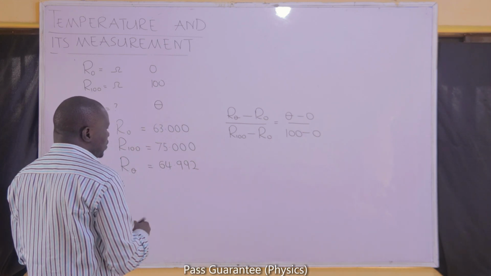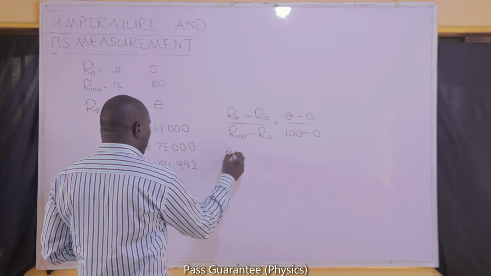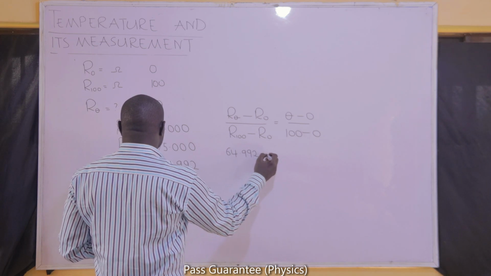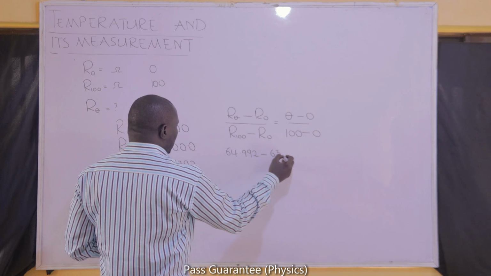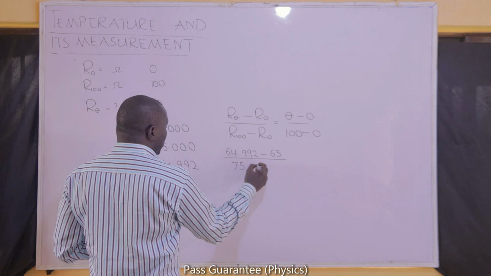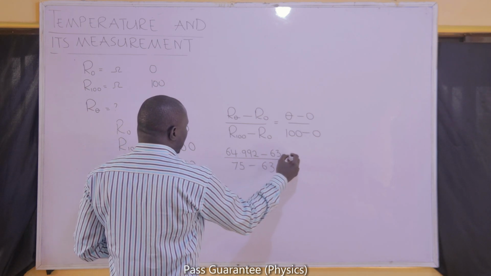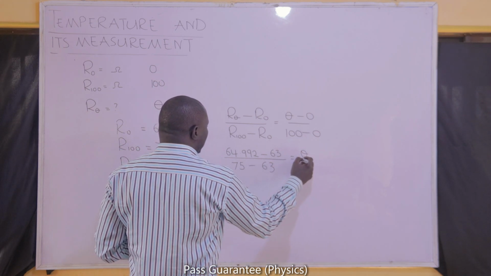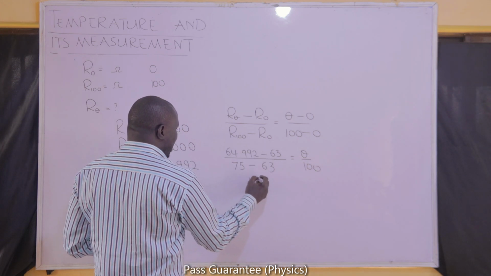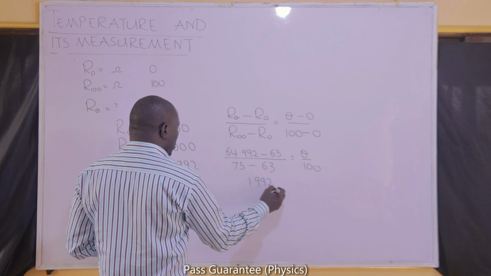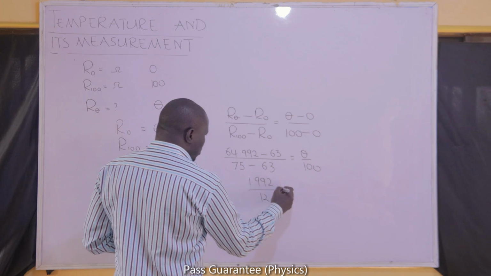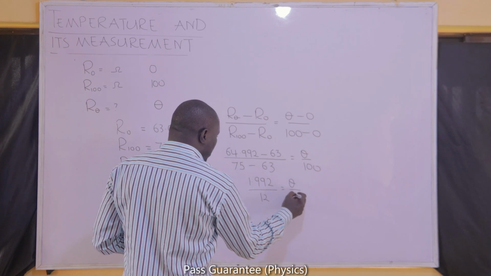Now, if I put those values, I will have 64.992 minus 63 all over R100, which is 75 minus 63, and this will be theta all over 100. So if we subtract, we will have 1.992 all over 75 minus 63, which is 12, equal to theta all over 100.